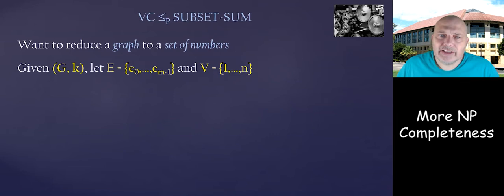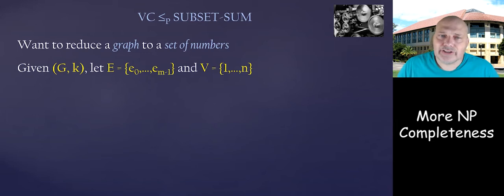Given G and k, we're going to create a set of numbers and a target. So G is a graph. It means that it has edges and it has vertices, and let's order them.